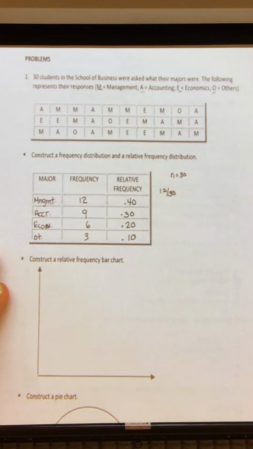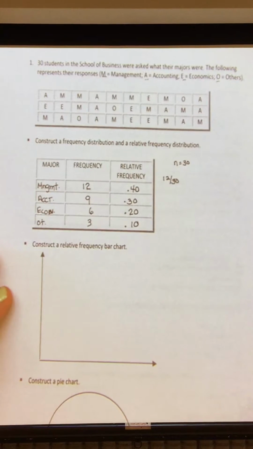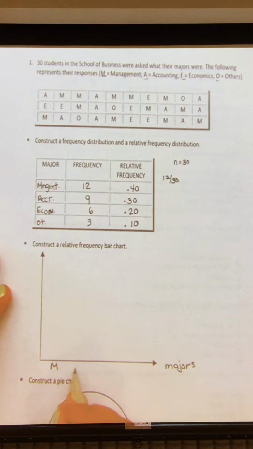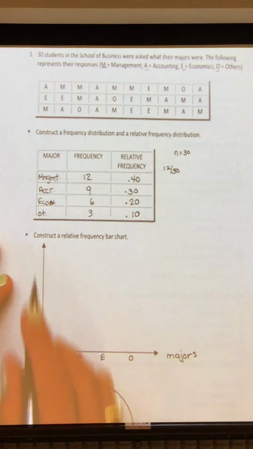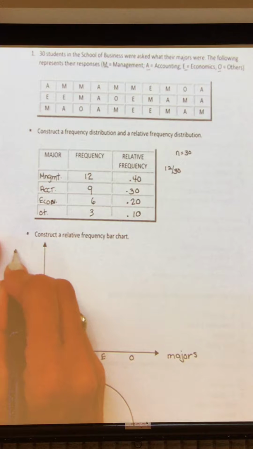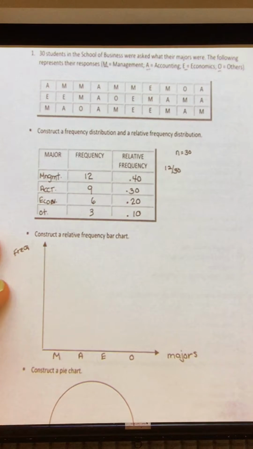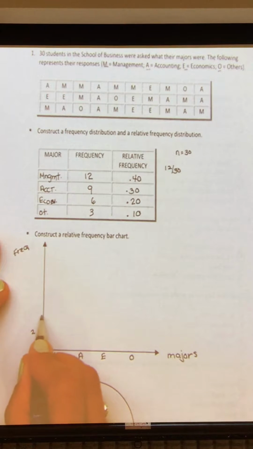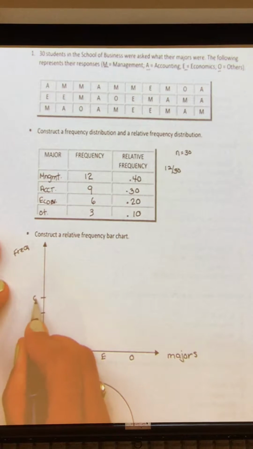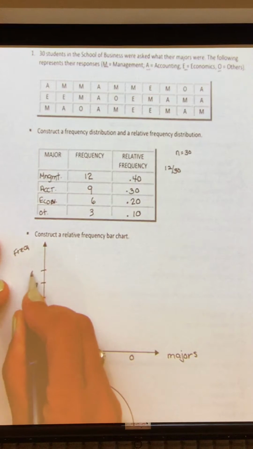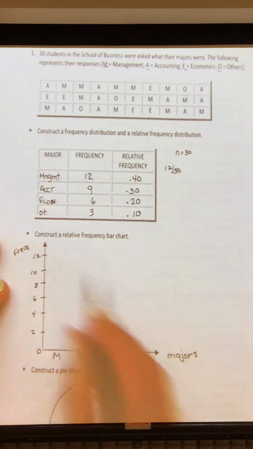Now to construct a bar chart, you want to label your majors on your x-axis. So here you have management, accounting, economics, and other. And on your y-axis, you have your frequency. We can label that as 0, 2, 4, 6, 8, 10, 12.